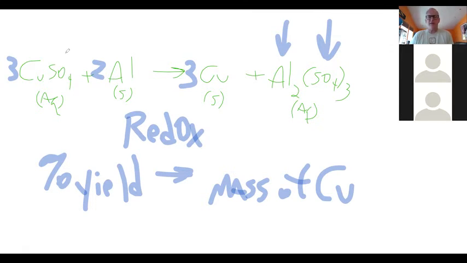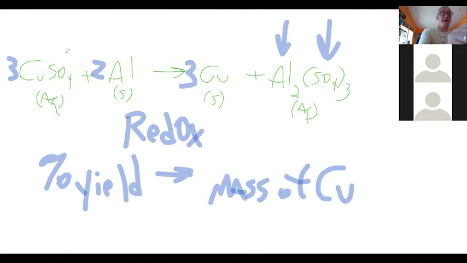Anybody know what a redox reaction is? Just kind of curious. Have you heard of that before? Okay, no. So redox means reduction oxidation. So it's an oxidation and reduction reaction. And what that means is that the charge on copper is being reduced.